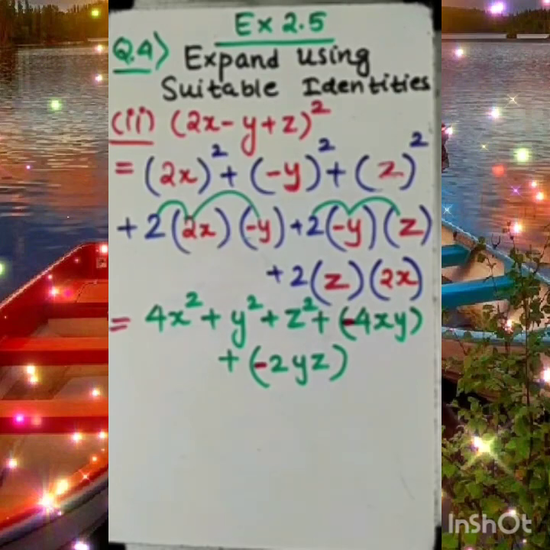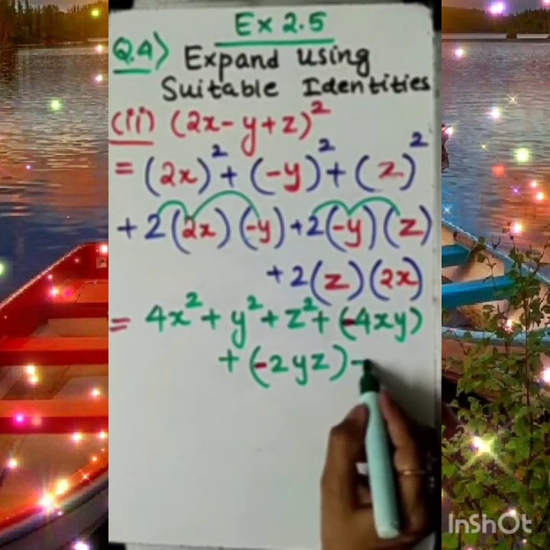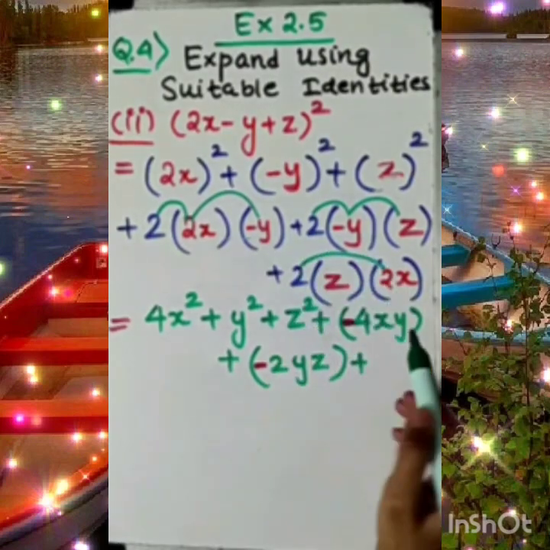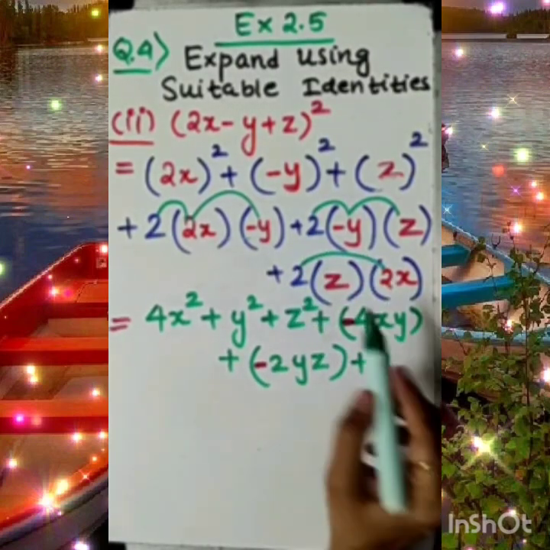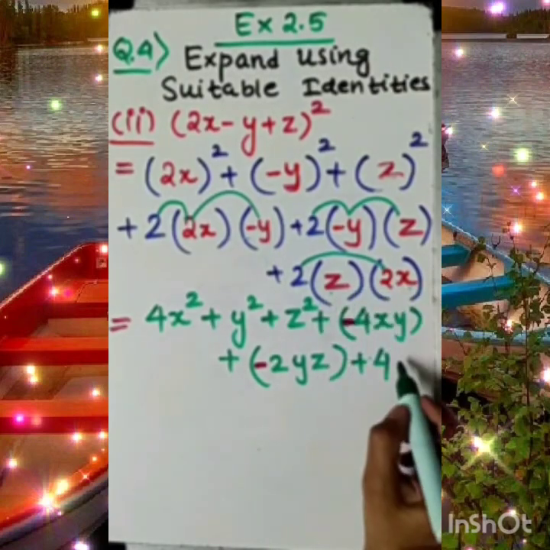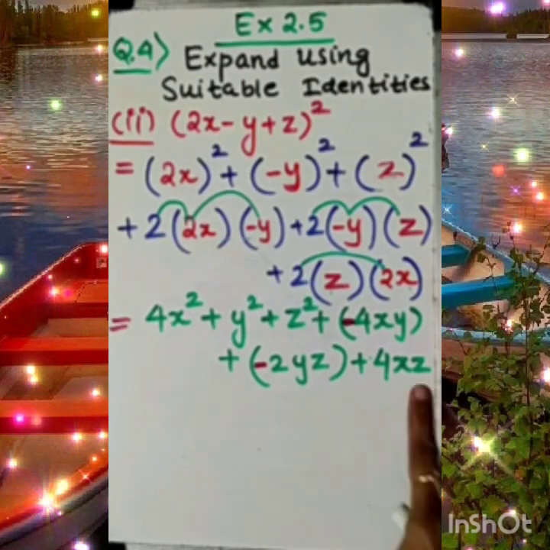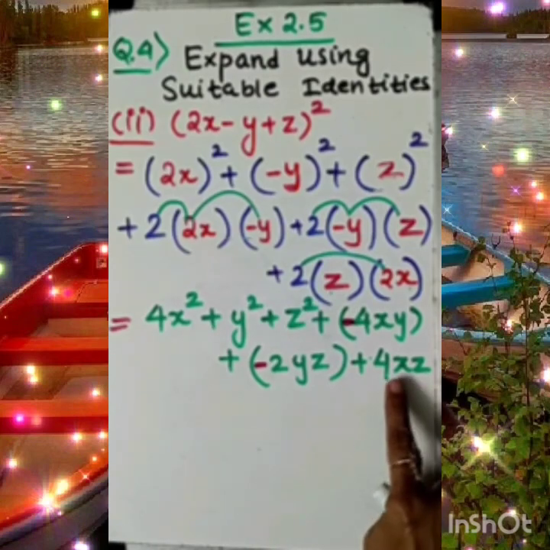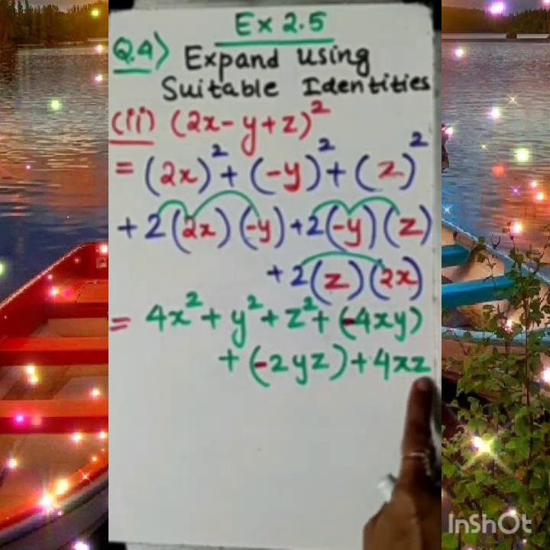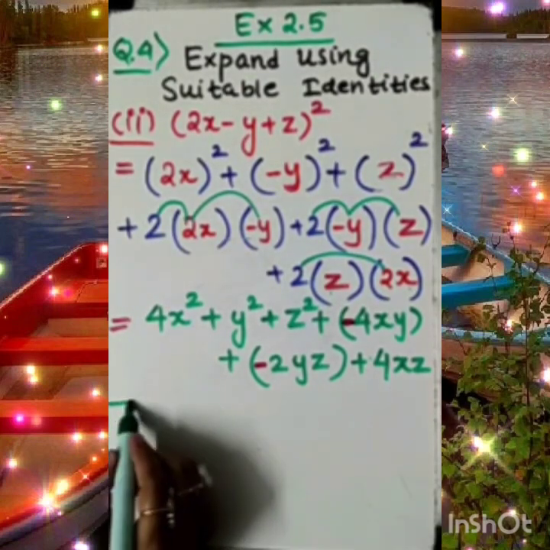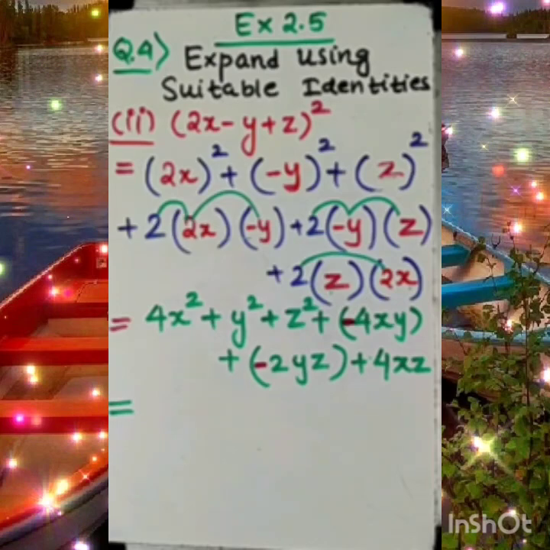Now the last term is positive, no negative sign is there. So simply 2 into 2 is 4, x and z. You can write xz, or zx is also the same thing. There isn't any matter of the product, because product is always commutative. So either you write 4zx or 4xz, there isn't any problem with that. Now next step, let's simplify.